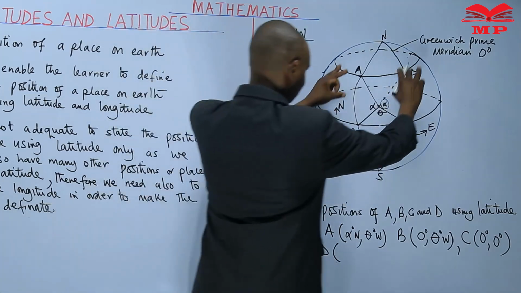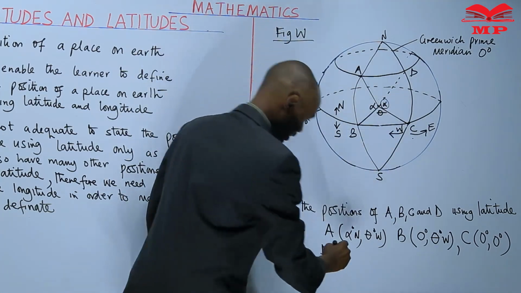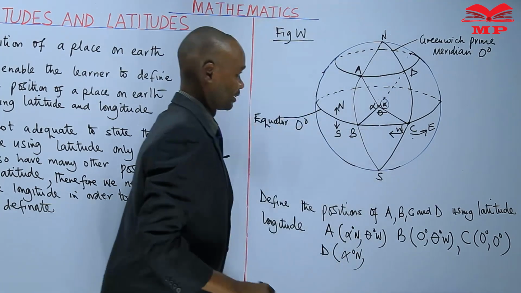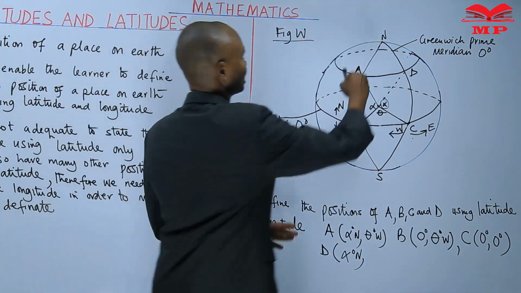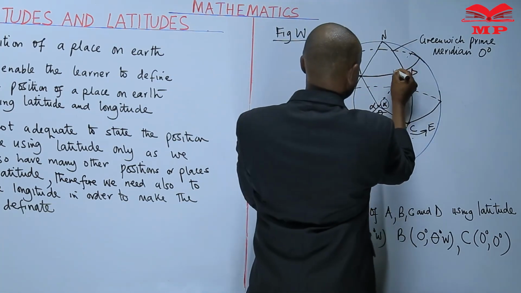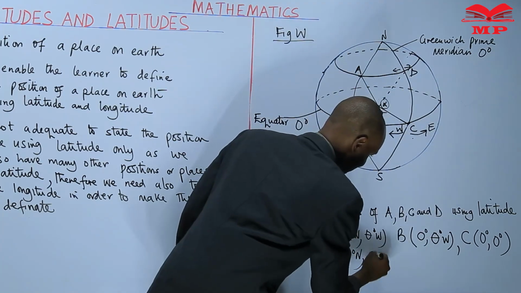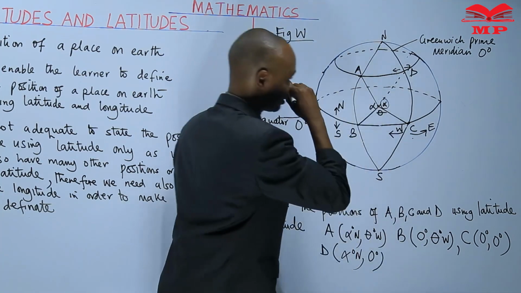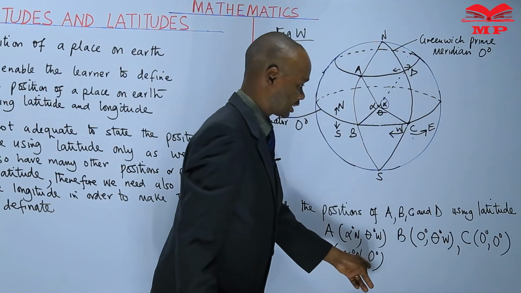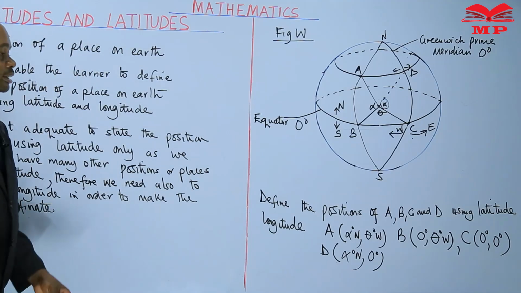So the angle of latitude measured in relation to the plane of the equator is alpha degrees north, and it is on the Greenwich prime meridian itself. You've not gone to the west or east. It is at the center. So you just write 0 degrees. But if it was some 5 degrees, 1 degree, I'll write 1 degree to the west.